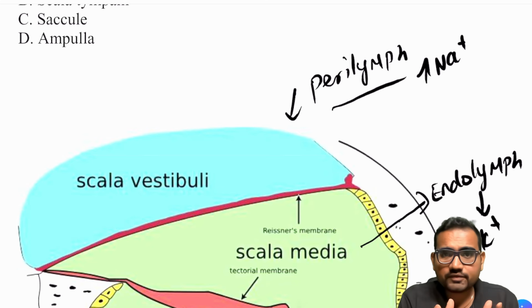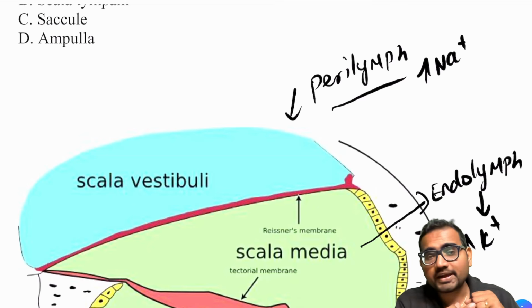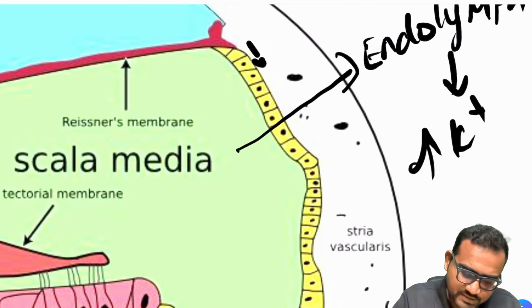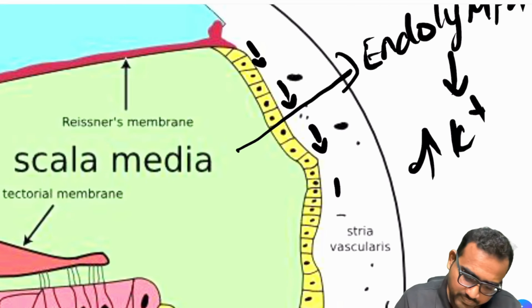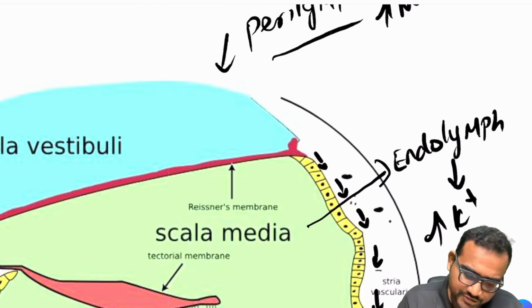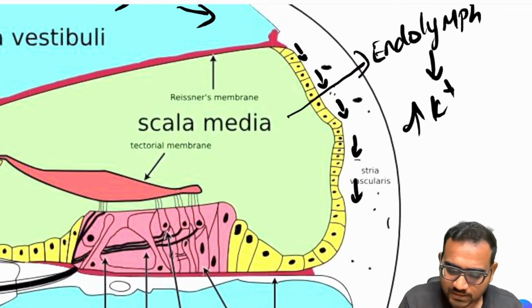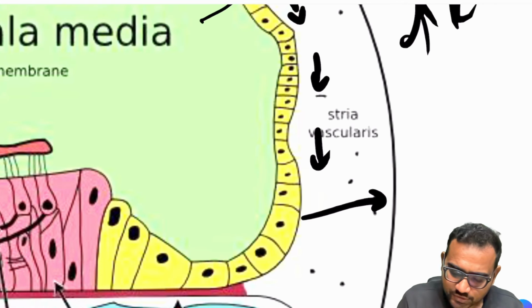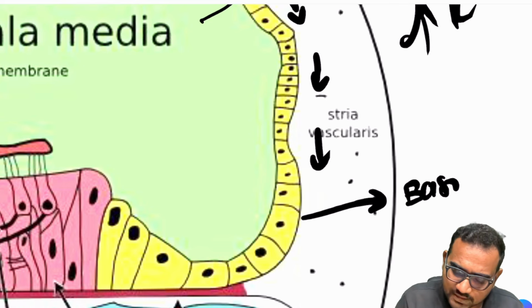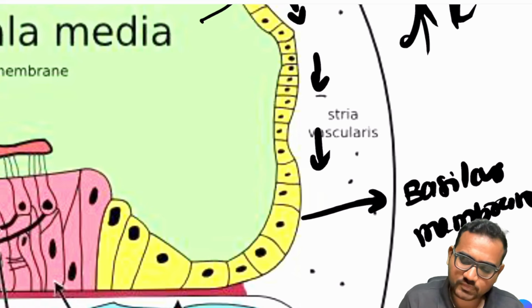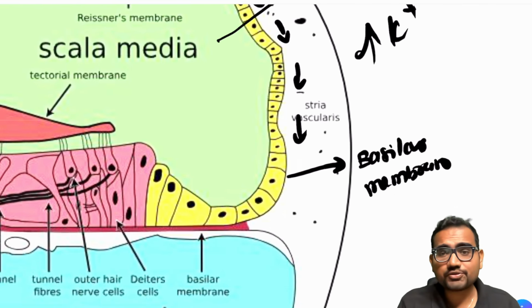The scala vestibuli, which has perilymph, converts the vibrations pushed by the stapes into fluid waves, which are pushed via this yellow structure you see here, the basilar membrane. The basilar membrane receives the fluid waves and the vibrations go down.